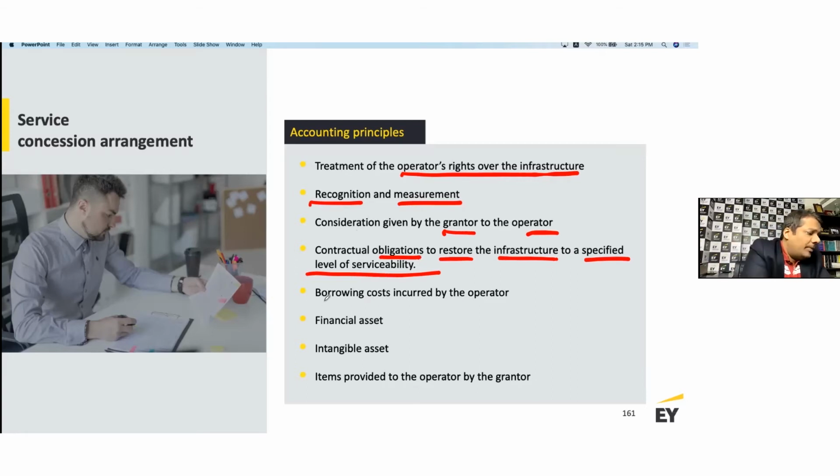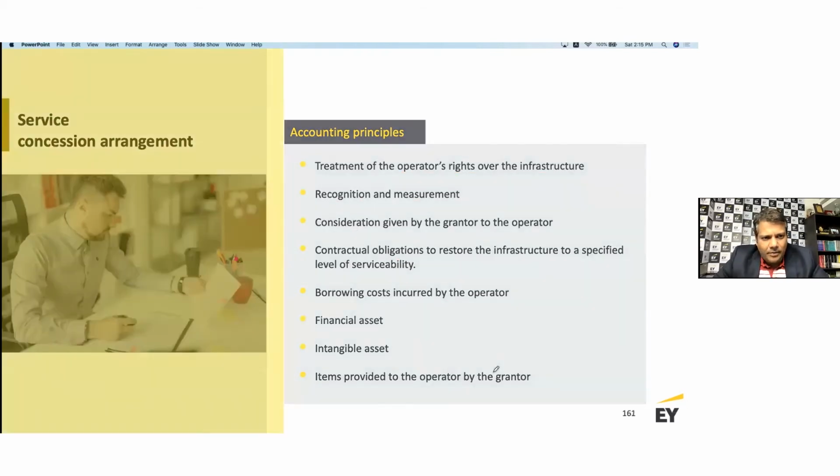There could be borrowing costs incurred by the operator, and whether it is a financial asset or an intangible asset. And then items provided to the operator by the grantor. These are the things you need to look at while accounting for such public-private partnership or service concession arrangements.